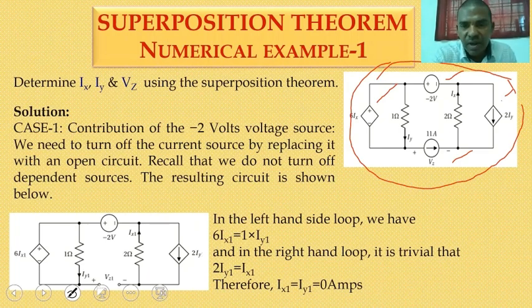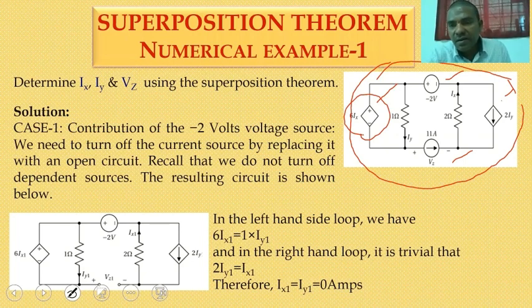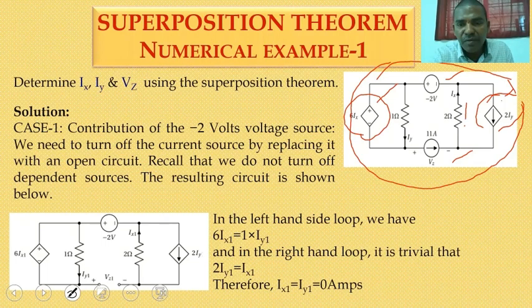Then these two are the dependent sources. This one is a current controlled voltage source, and this one is a current controlled current source. Are you understanding? For the voltage 6Ix, Ix is the current flowing in the 2 ohm resistor. As the current varies with respect to this resistance, the voltage value of 6Ix also varies.